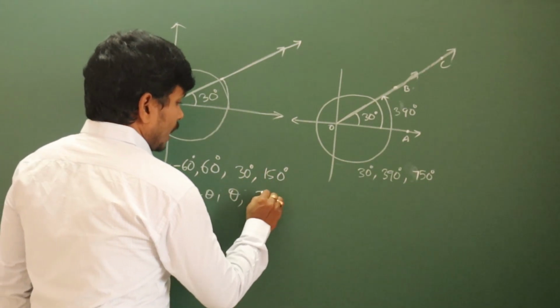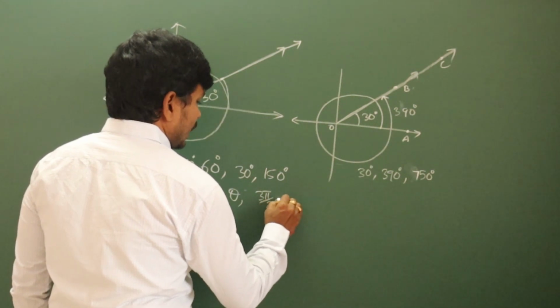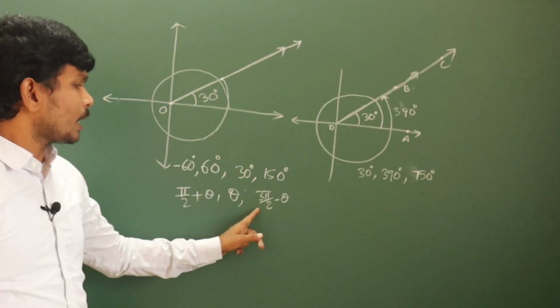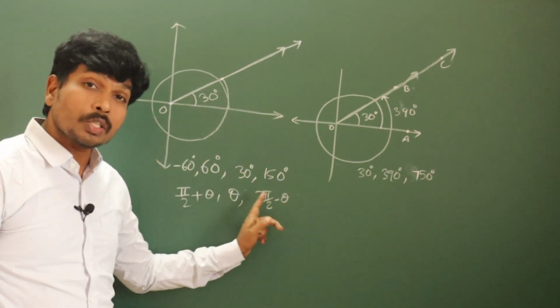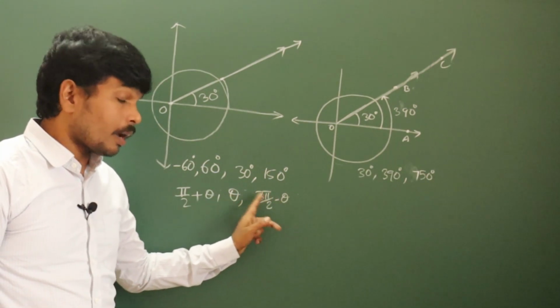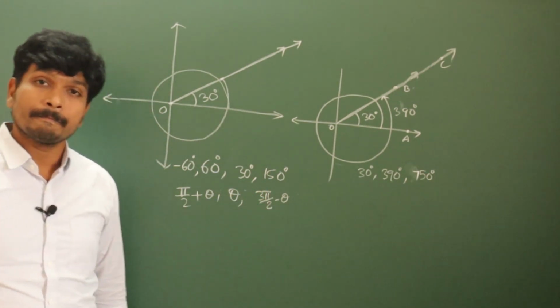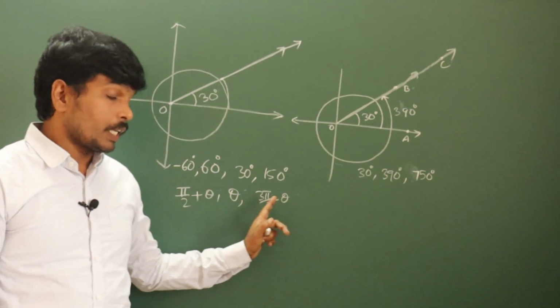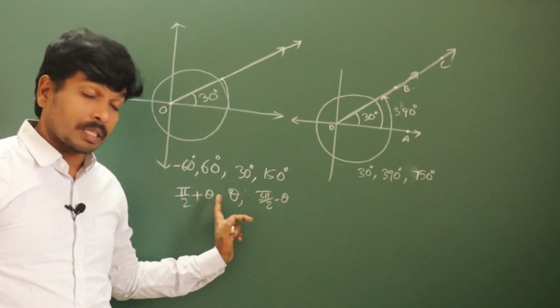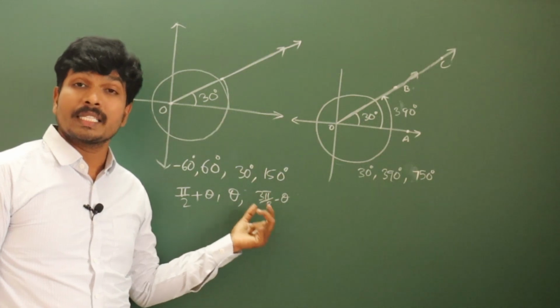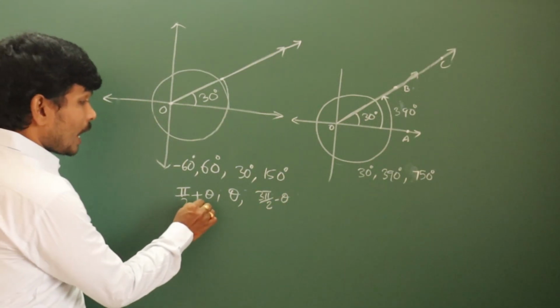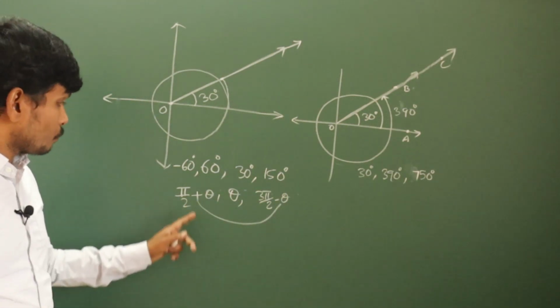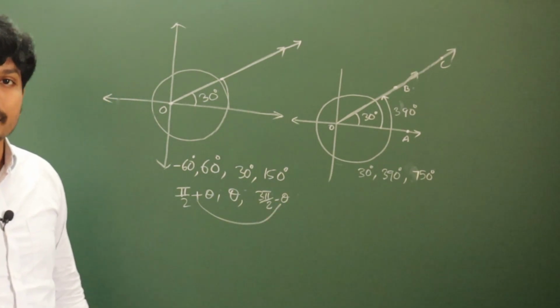Now 3 pi by 2 minus theta, comma, theta: are these two allied angles? Yes, these two are also allied angles because the sum is 270 degrees, a multiple of 90. What about pi by 2 plus theta and 3 pi by 2 minus theta?